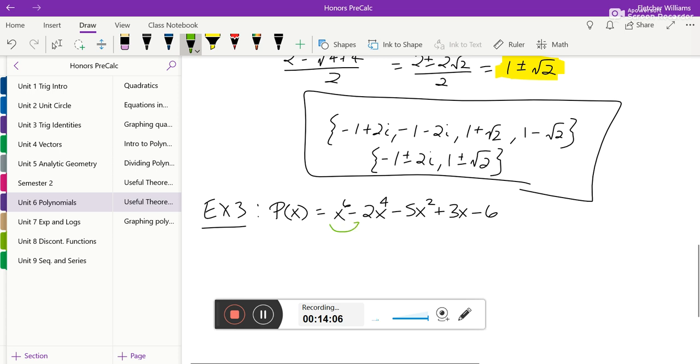I see one sign change, second sign change, third sign change. That means there are 3 or less than 3 by an even integer, so 2 is a number less than 3, so 3 minus 2, 3 or 1 positive real roots.